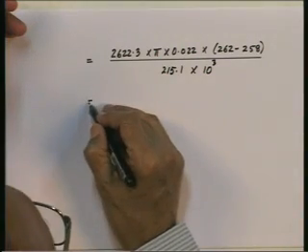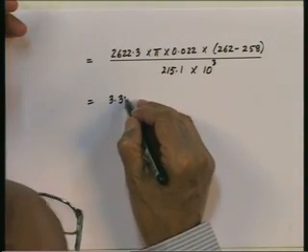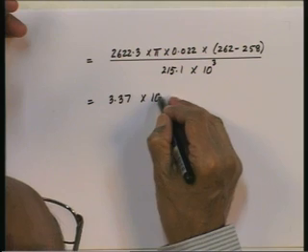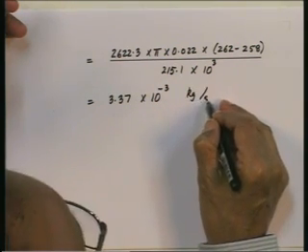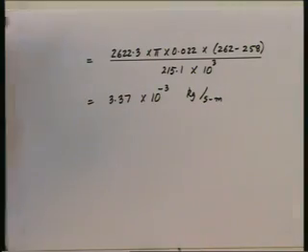So, this comes to 3.37 multiplied by 10 to the minus 3, so many kilograms per second per meter length.